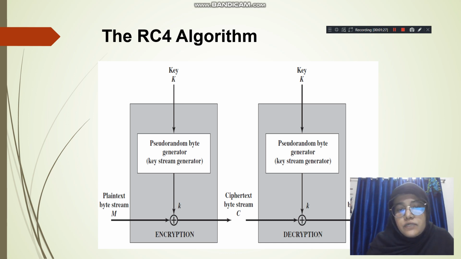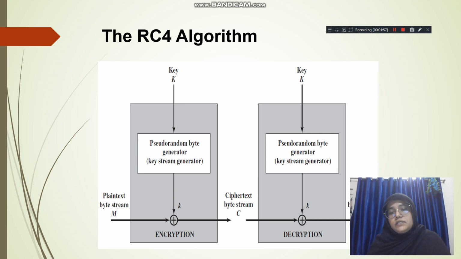RC4 algorithm works in two ways, encryption and decryption. First of all, encryption: the pseudo random byte generator, the key stream generator, and the plain text byte stream, that is M, those two are XORed, and then it produces the ciphertext byte stream C. This is the encryption process.